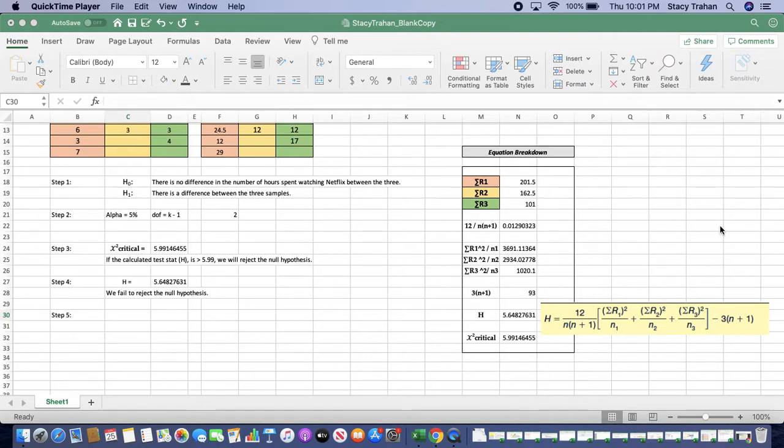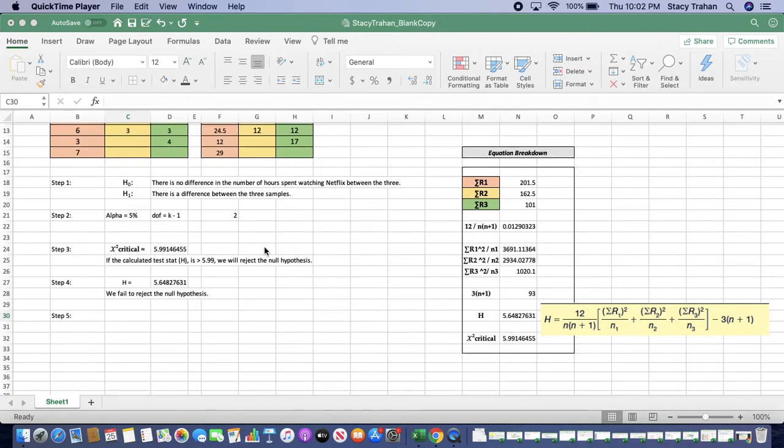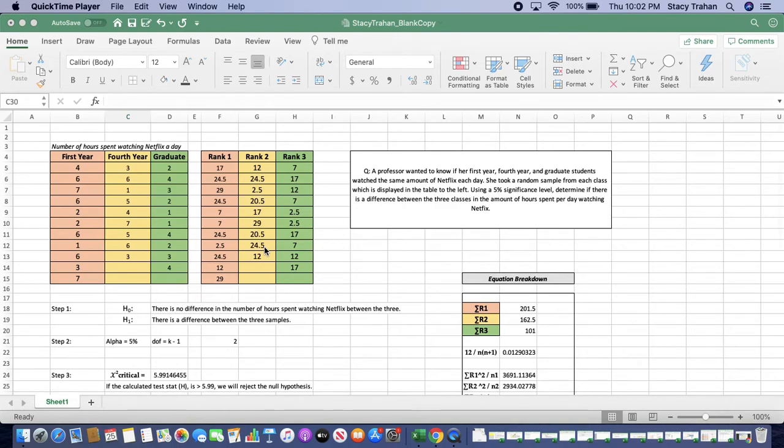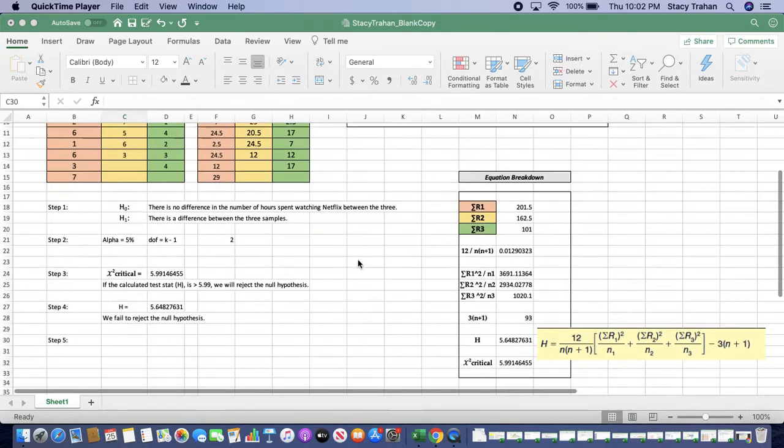So step 5, we need to write our conclusion. Because we failed to reject the null hypothesis, that means we are in favor of the null, which was there's no difference in the number of hours spent watching Netflix between the 3. So in other words, there probably is no difference in the distribution of first years, fourth years, and graduate students and how many hours they spend a day watching Netflix.